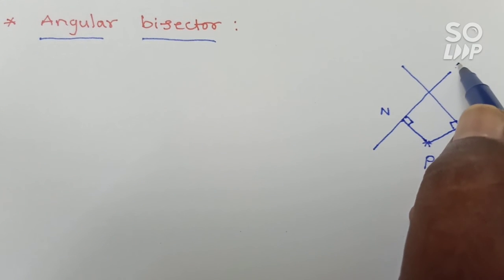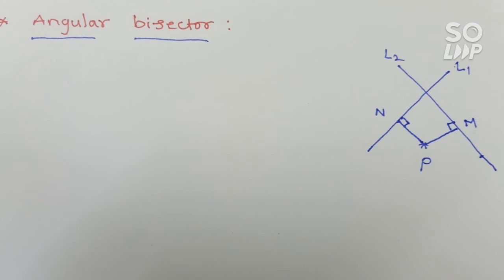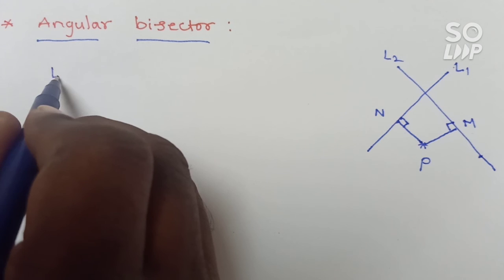Let one line be L1 and the other line be L2.